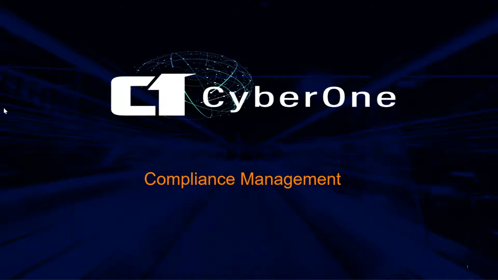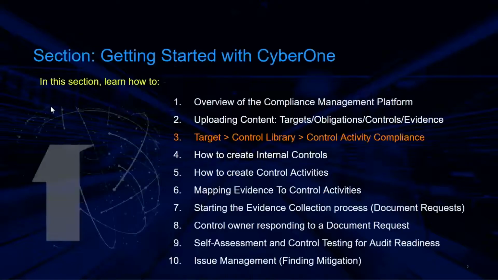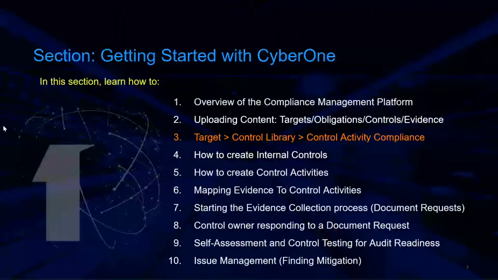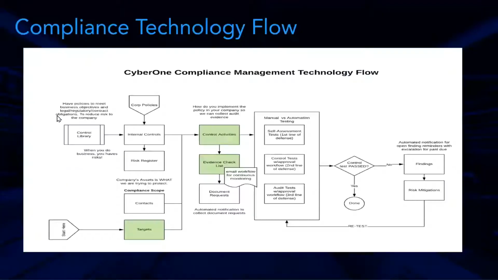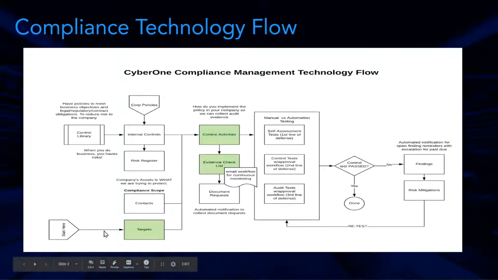Okay, so let's get started. Today, we're in the compliance management module, and what we're going to be looking at is a workflow that shows you how to do compliance directly on a target, connecting the control library to control activities to begin your testing process. So let's look at that from the workflow diagram for a second. That's starting from this section here in our compliance module.